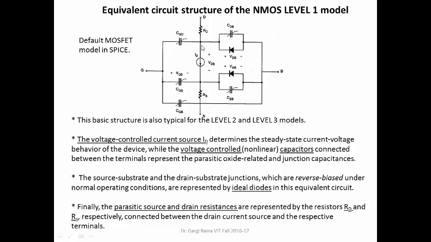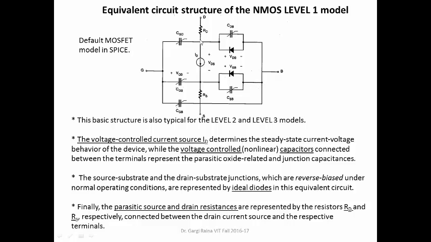Here you see the voltage controlled source ID, which determines the steady state current voltage behavior of the device, while you have the voltage controlled nonlinear capacitances connected between the terminals that represent the parasitic oxide related and the junction capacitances.